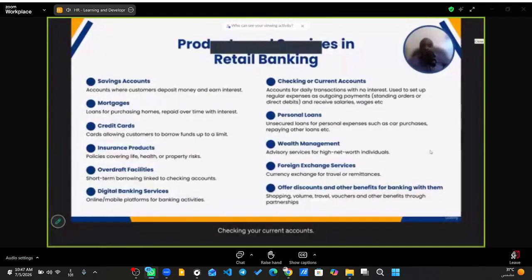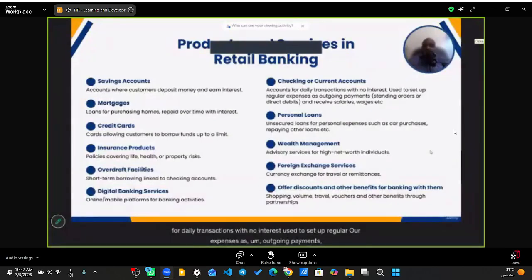Checking or current accounts. As we mentioned before, checking or current accounts are accounts where you don't necessarily attract interest. In fact, some current accounts charge you a fee for that service, but a lot of your payments are scheduled through there, and you receive money in there, such as your salary or some other kind of payment.